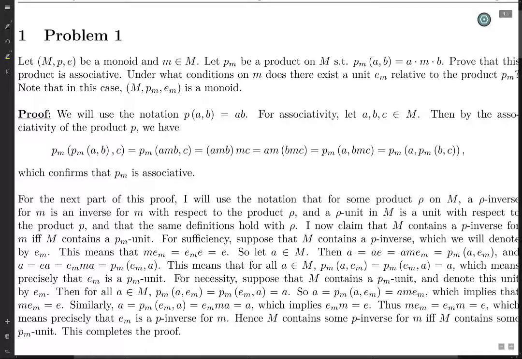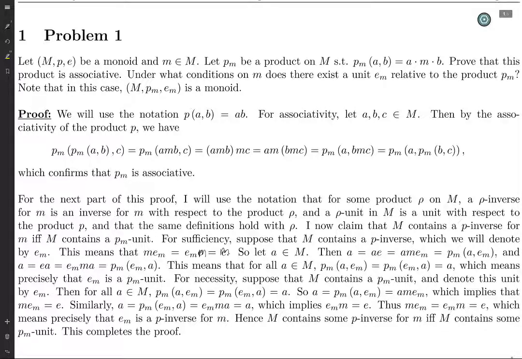M has a P inverse. If this P inverse is EM, then this should be M EM equals EM M equals E. So there we go. So good thing I'm going back to this.